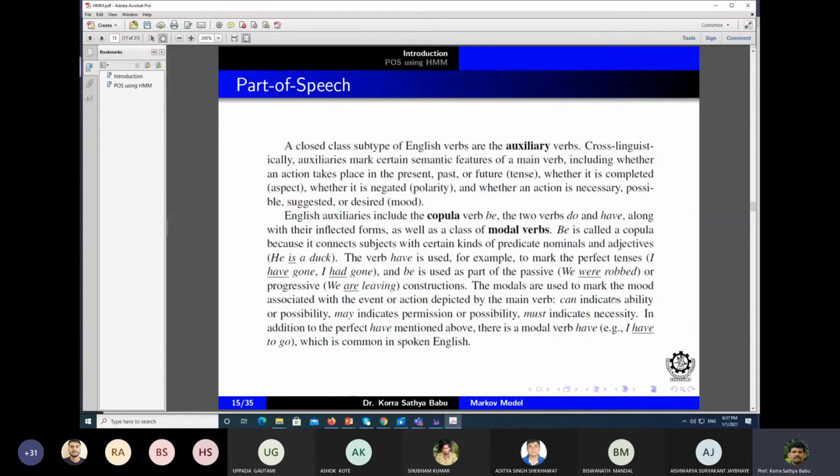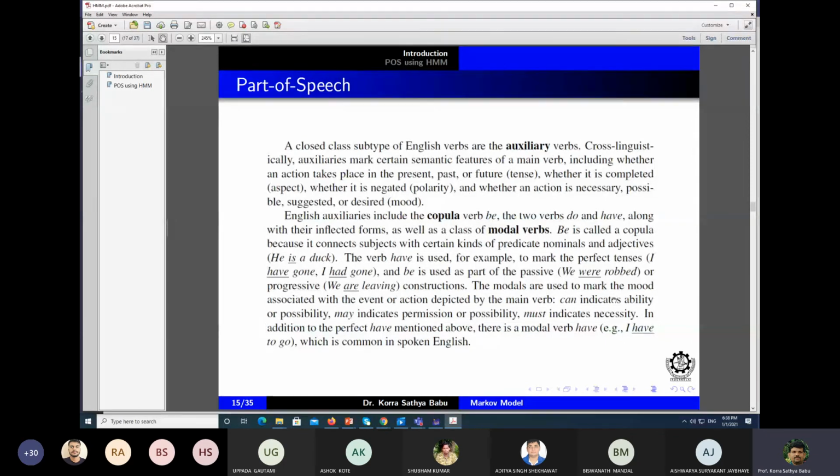So in a sequence of words, suppose I start a sentence telling I, what would be the next word? Maybe like have, I have, I will, I can, I am. So you can understand that these words can occur.